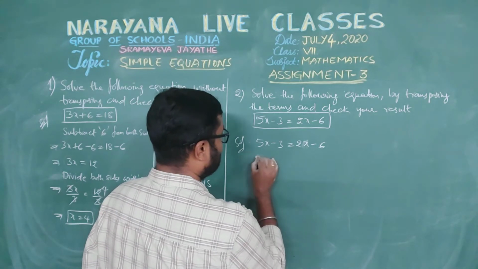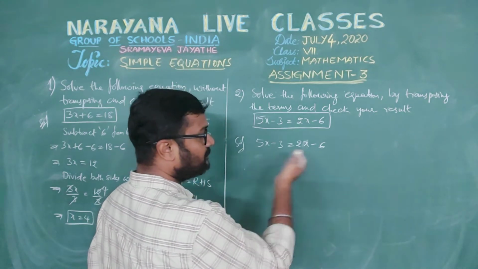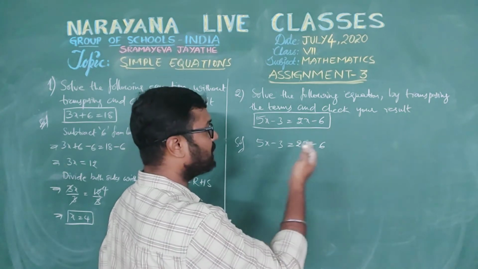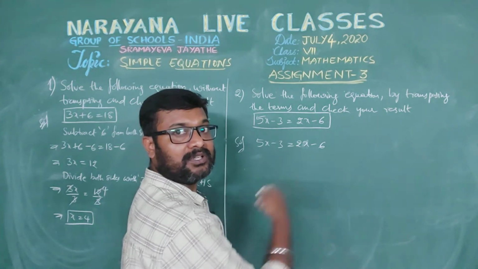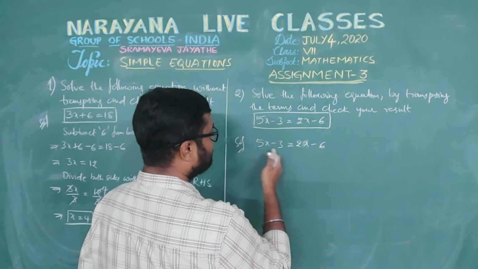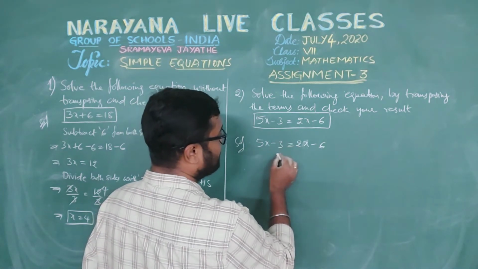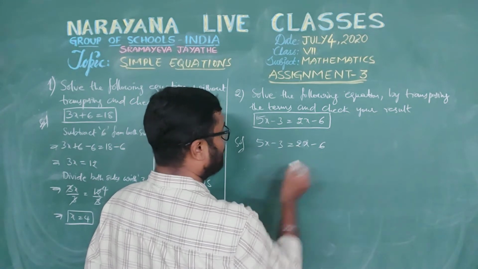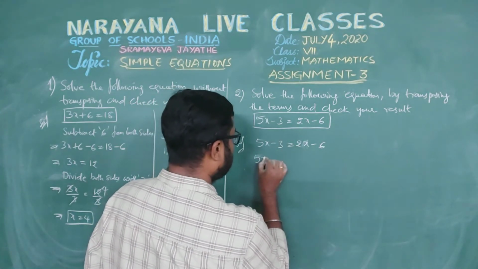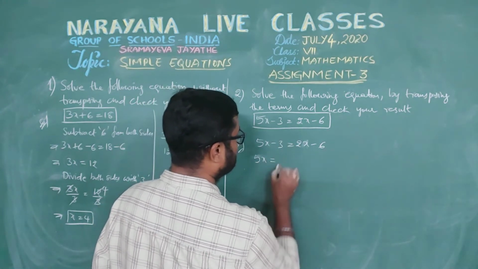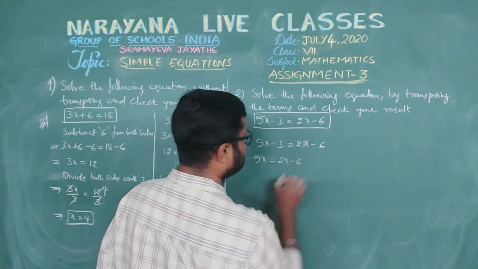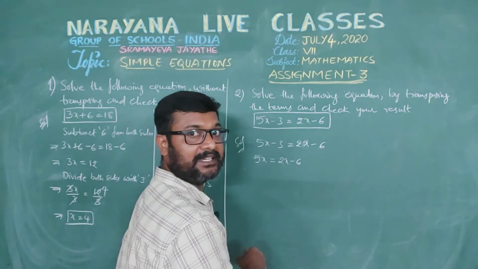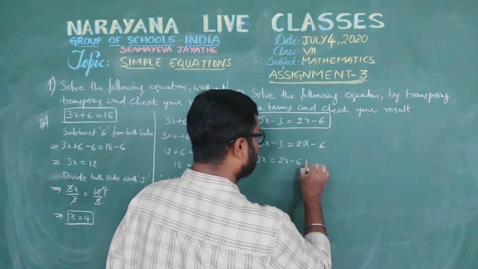Why bring all x terms to one side and all numerical terms to the other side. First take this minus 3 to RHS, transpose this minus 3 to RHS. If minus 3 is transposed to the other side, RHS, then it will become plus 3.